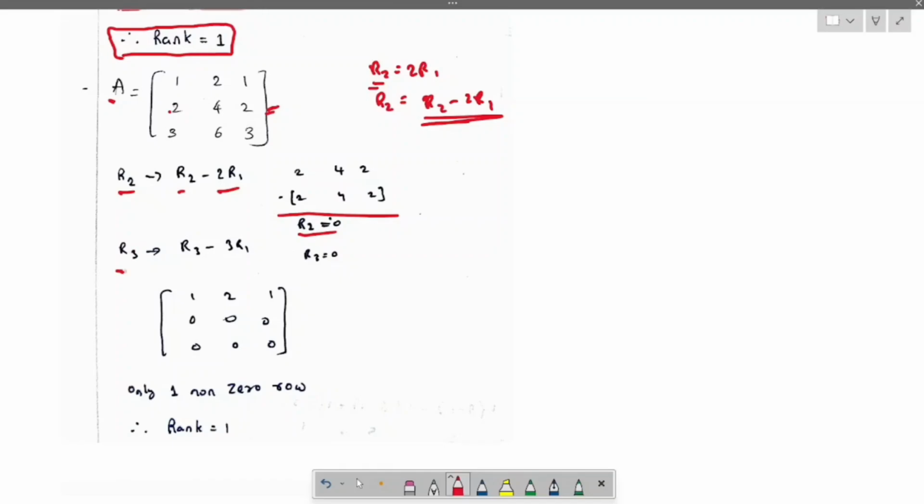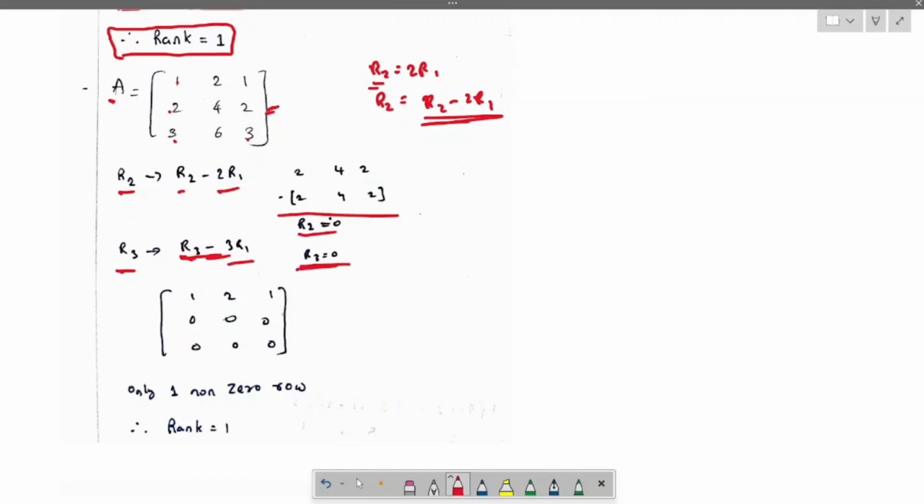Now let us go for R3. R3 becomes R3 minus 3R1. When you observe, 1 into 3 is 3, 2 into 3 is 6, 1 into 3 is 3. So we are taking a multiple of the row and subtracting it from R3. Then we get row 3 as 0.